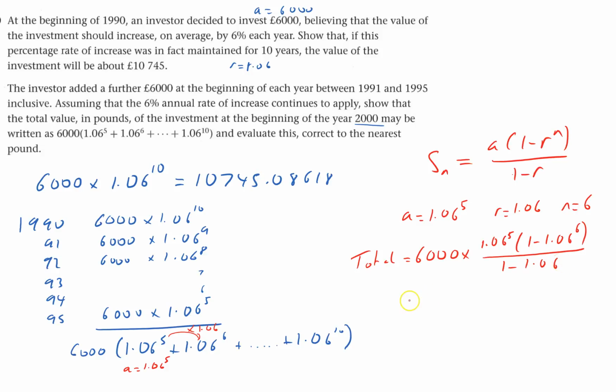We put everything into the formula correctly, and that comes to 56,007.29807, which equals 56,007 pounds to the nearest pound. And it's done.